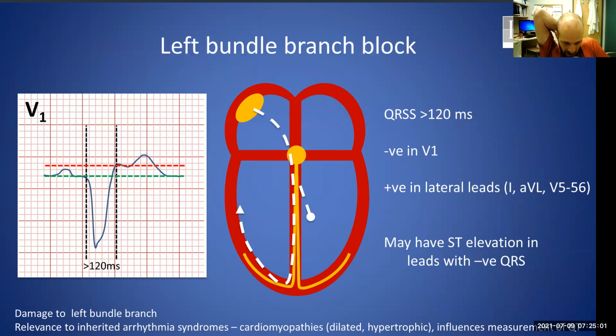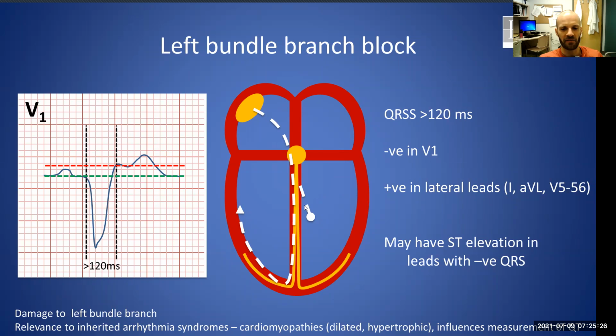So, what about a left bundle branch block? What happens if we can conduct normally down the right bundle, but our left bundle is blocked? We get a broad QRS. Our QRS complex lasts for more than 120 milliseconds. This can be if the left bundle has become damaged for some reason. Now, it may be that the left bundle isn't conducting at all.